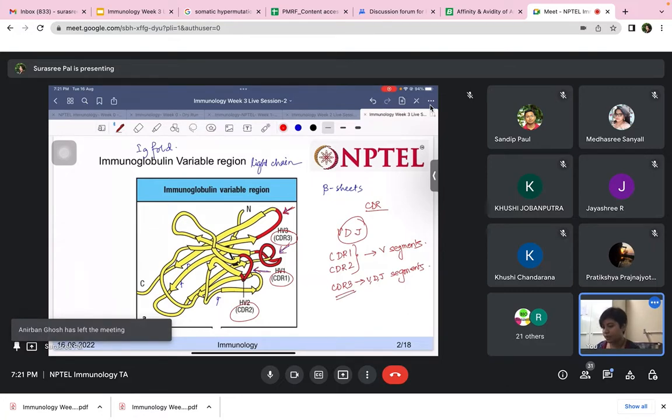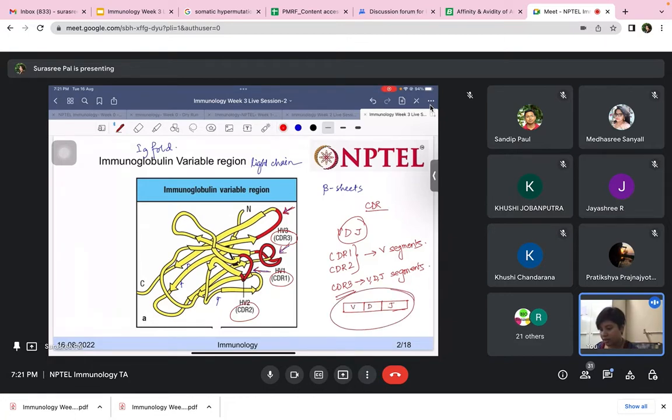So suppose it is like this. V, D and J, all these 3 segments form a junction to encode the CDR3, right? And that is why, we will see later on also, that CDR3 is the most diverse loop or the most diverse hypervariable region of the light chain or heavy chain, right?